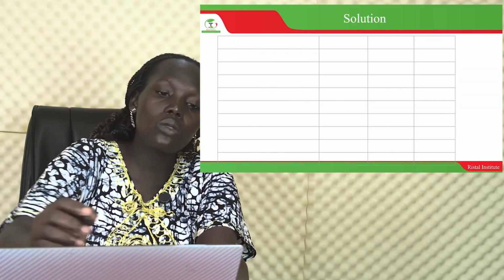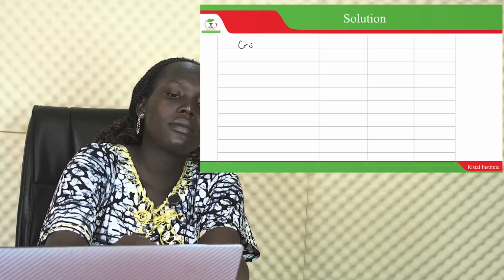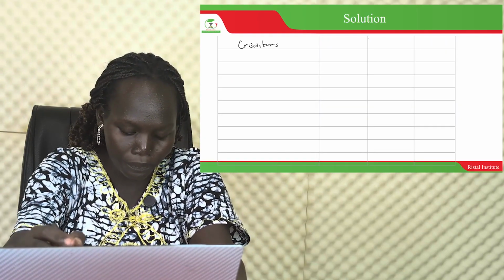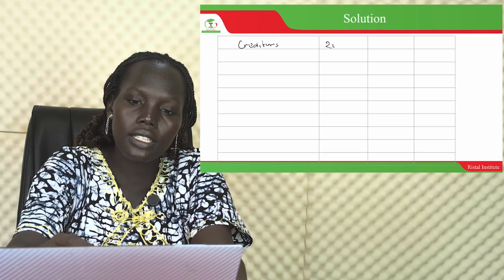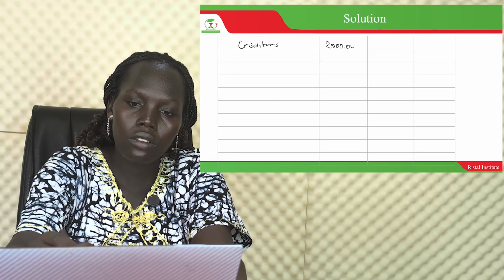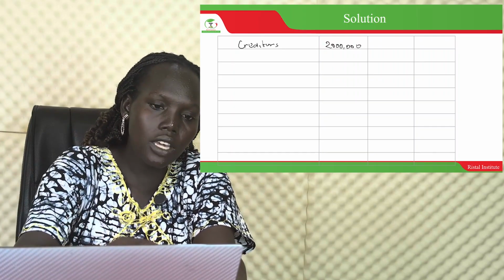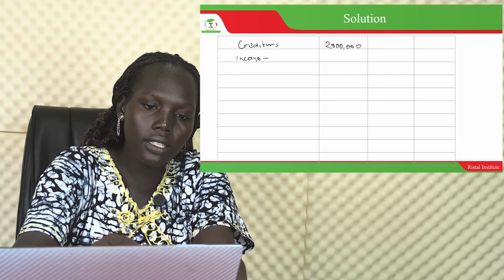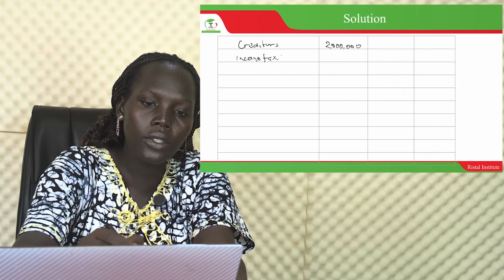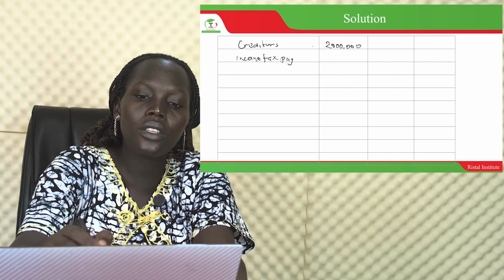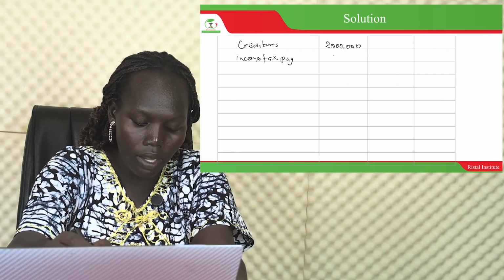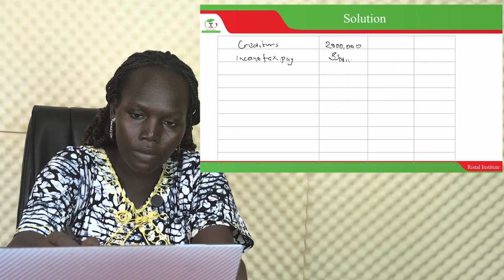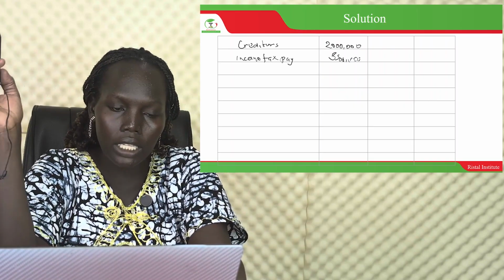So we identify what are those current liabilities that were given. So the current liabilities, we have creditors, the amount they have given us as 2 million. And then we have income tax payable, the answer they have given us as 3,500,000.